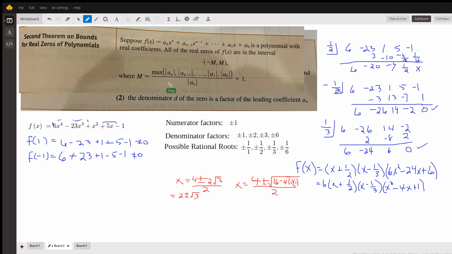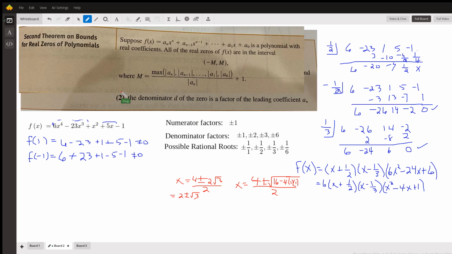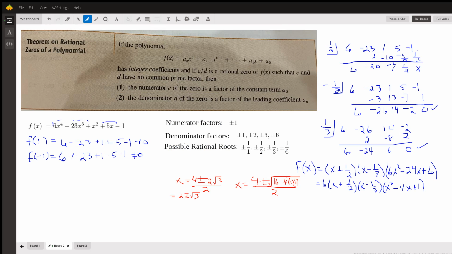Anyway, the rational root theorem says that if we have a rational root C over D, then the numerator C must be a factor of the constant term, and D must be a factor of the leading coefficient.